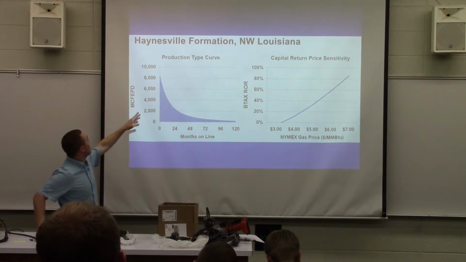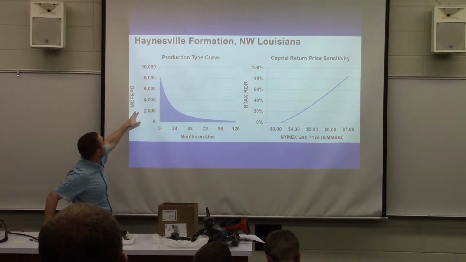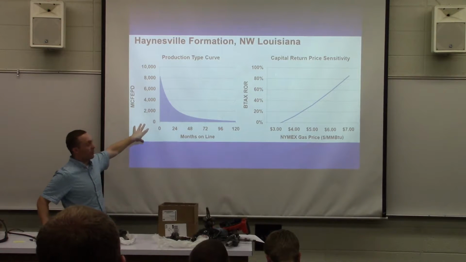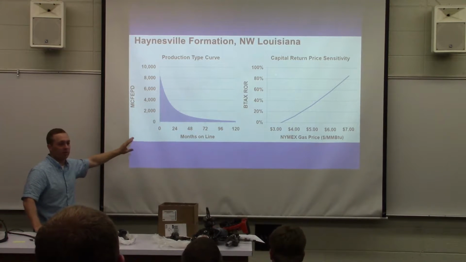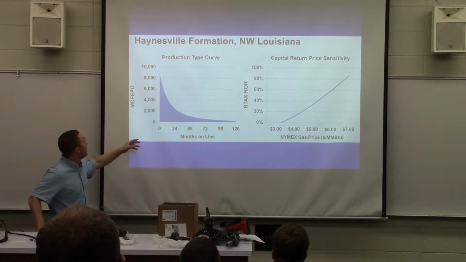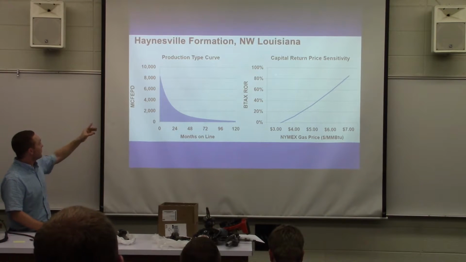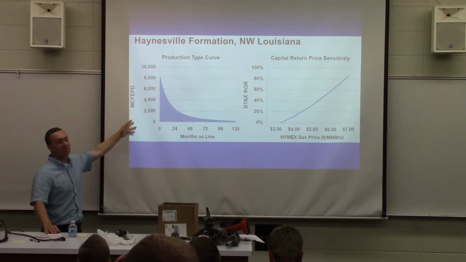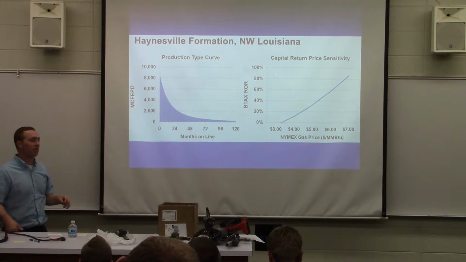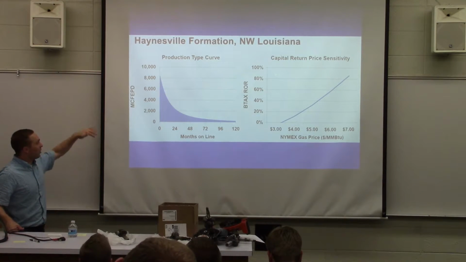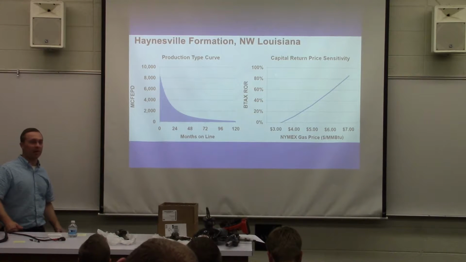Your initial production for this well, and I grabbed this from my company's investor presentation, so this is all public information, might be 8,000 MCF per day, and an MCF is 1,000 standard cubic feet. But you see how quickly that declines. And so to keep it going, you have to keep drilling each year.